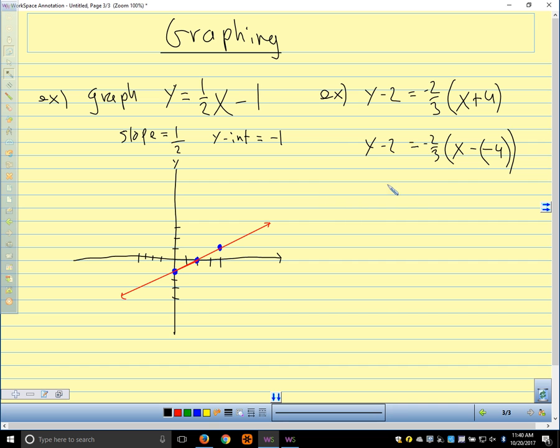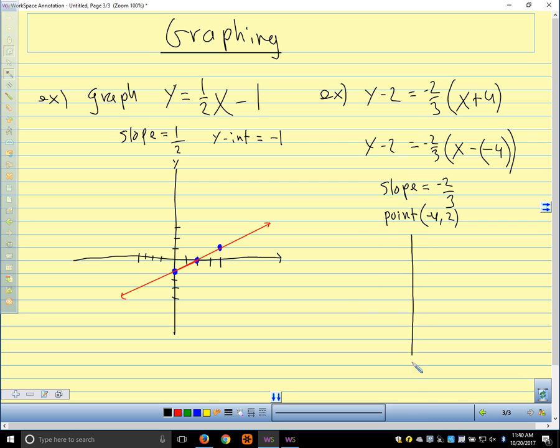So this has a slope -2/3, and it goes through the point -4, 2. So the x part of the point comes from here, and the y part comes from here.